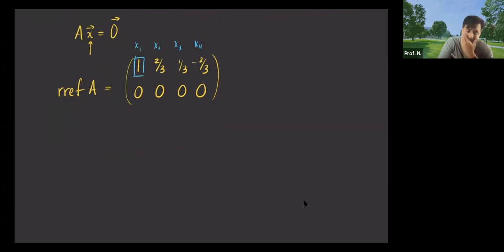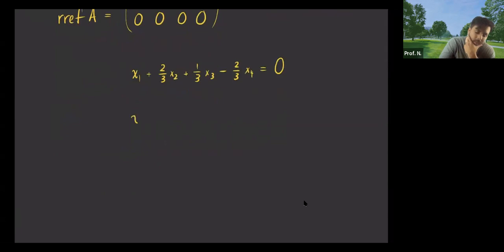So then what we have here is the equation x1 plus 2/3 x2 plus 1/3 x3 minus 2/3 x4 equals 0, which means that x1 equals negative 2/3 x2 minus 1/3 x3 plus 2/3 x4.